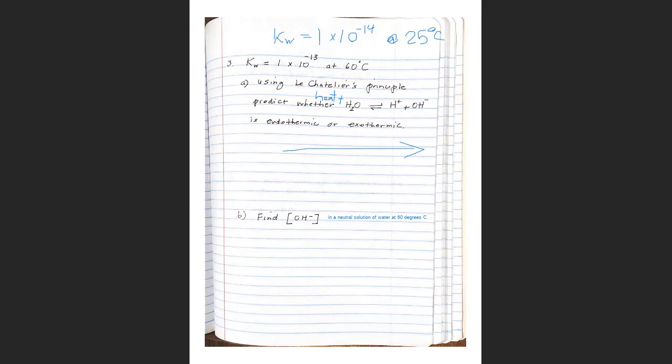For those that are watching, I was able to find the concentration by finding the square root of the new Kw value, because this is all basically on the autoionization equilibrium of water, which is basically one water molecule.